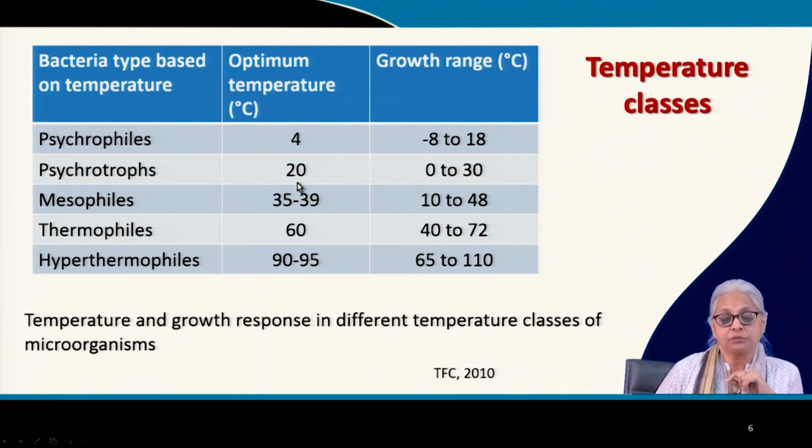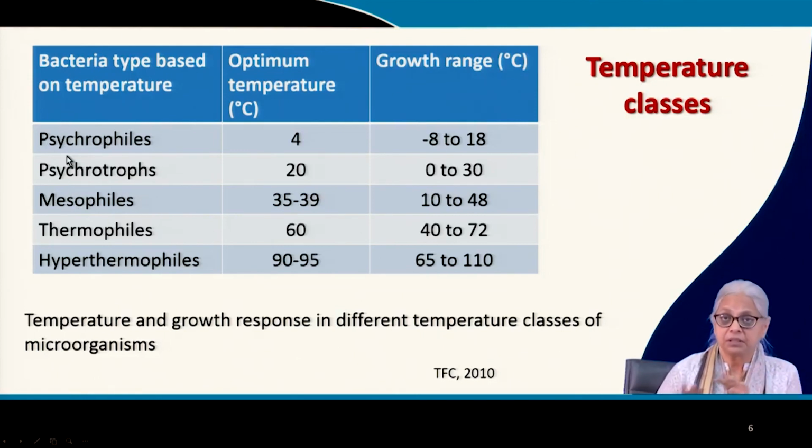Psychrotrophic bacteria have a 20 degree optimum temperature and a 0 to 30 degree range of growth temperatures. These are bacteria that can and do exist in Arctic as well as Antarctic regions, or even higher altitude regions where there is very low temperature like the Himalayas and so on. So these are where you can find these bacteria.